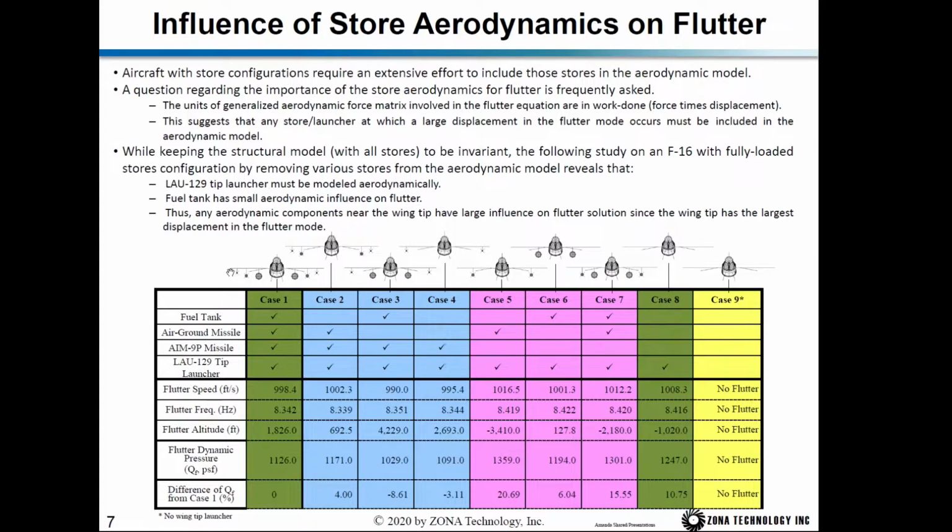So this force times this large displacement gives a big contribution to the generalized aerodynamic forces. If you don't model the tip launcher, you get a completely wrong solution. So any aerodynamic component near the wing tip has a large influence on the flutter solution, since the wing tip has the largest displacement in the flutter mode.